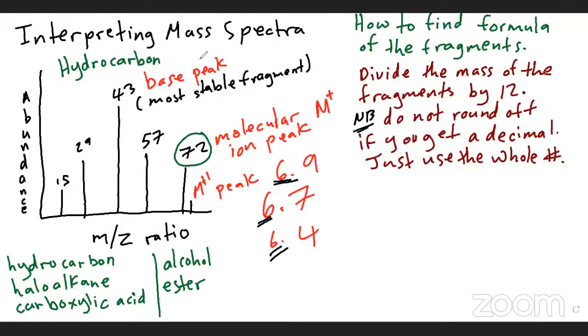So let's work 57. It would be 57 divided by 12. The answer is 4.8.